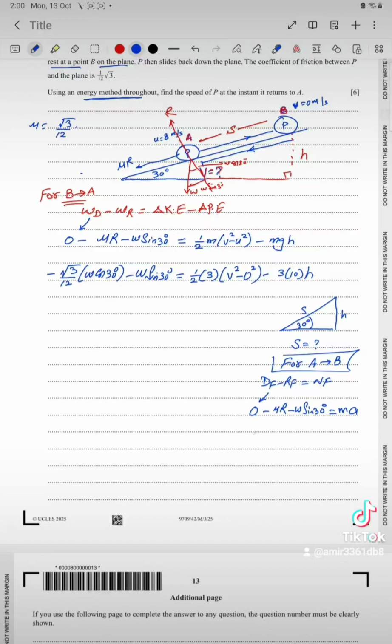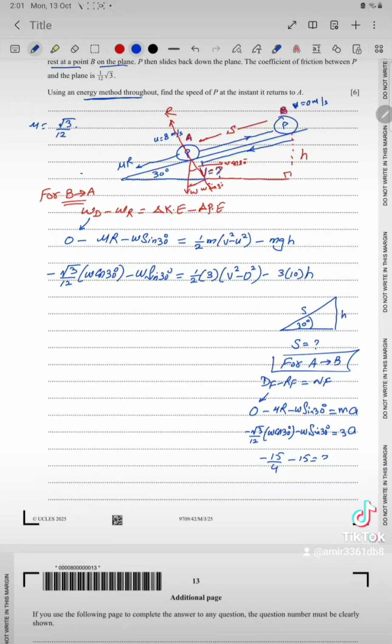So here minus root 3 by 12 and W cos 30 value of R minus W sin 30, m is 3 and a. We can see the calculator gives minus 15 by 4. W is 30, right? Because mass is 3.